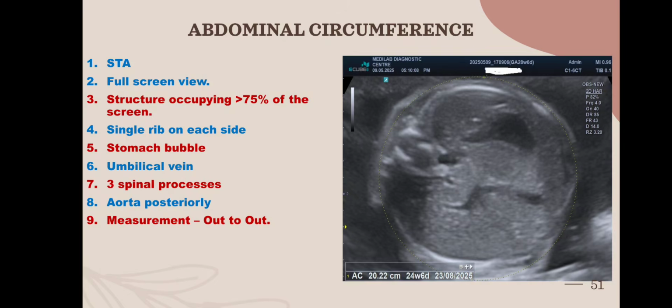Again come to the abdominal circumference view, because to evaluate the estimated fetal weight, abdominal circumference is the most crucial, most important. Again see, single rib on each side, stomach bubble and umbilical vein should be visualized in the plane. 3 spinal processes, aorta posteriorly, measurement out to out.